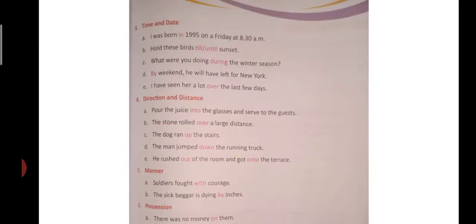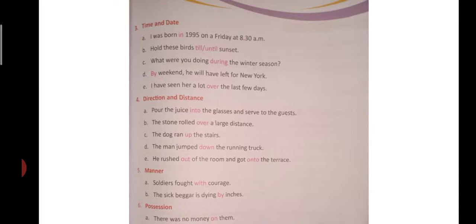The next one, preposition of time and date. The prepositions which show when something happens are called prepositions of time or date. You can see: I was born in 1995, on Friday, at 8:30 a.m. So when did it happen?